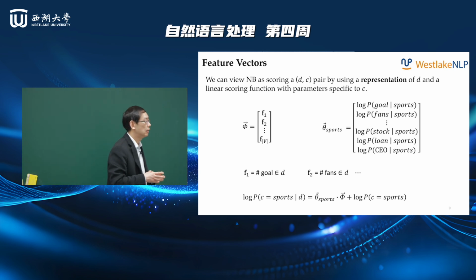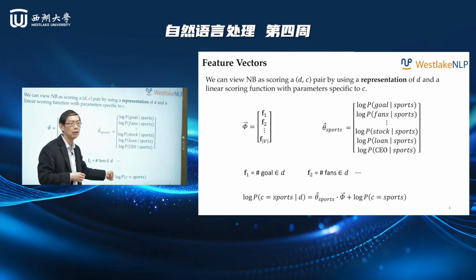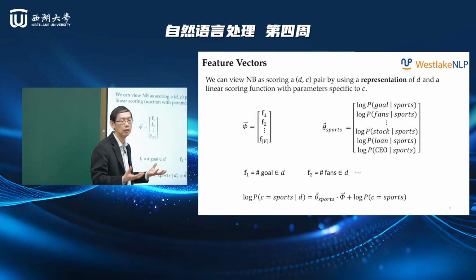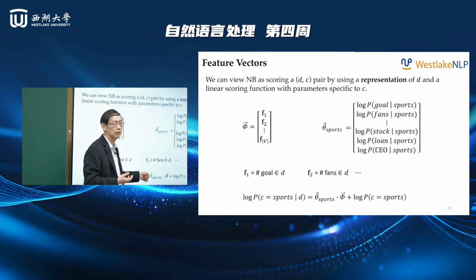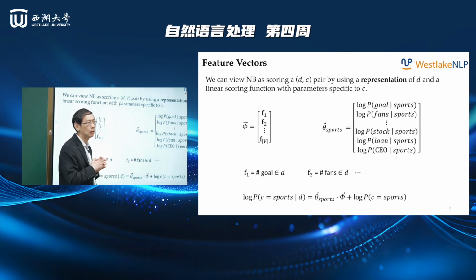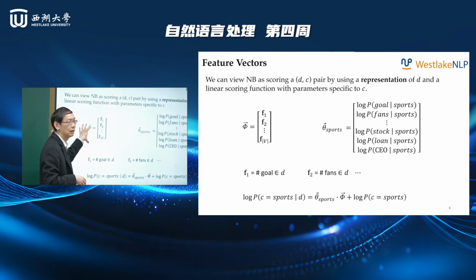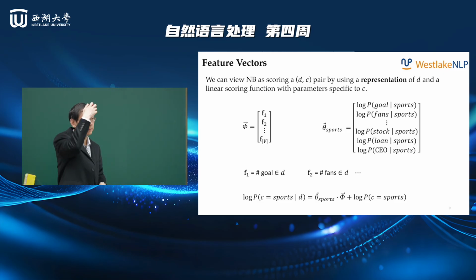It means that in addition to the knowledge of the class label, the frequency of the class label, the remaining part, the P(w|c) part, can be decomposed into a representation of the document dot product all these probabilities you have learned.